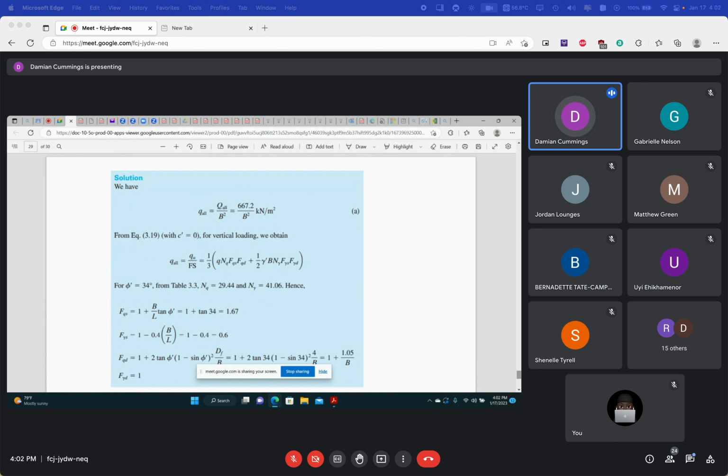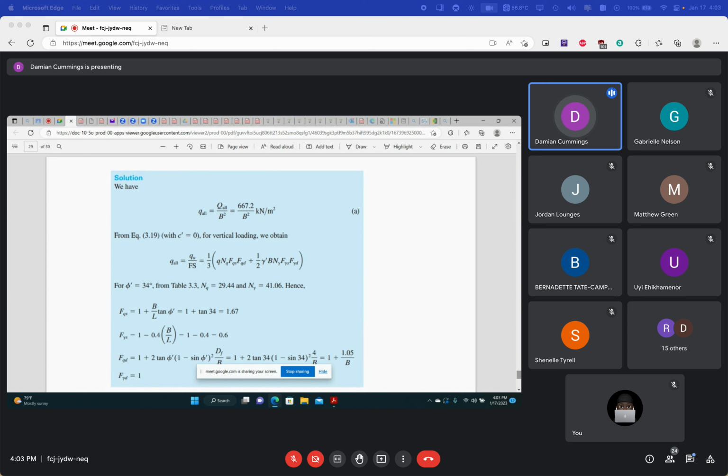Remember in the first example, we said that Q, that's our ultimate load, was equal to our ultimate load carrying capacity times the area of the foundation. Remember that? Same equation, rearranged. All right. So Q, which we're trying to find, is equal to 667.2 divided by the area of our foundation.